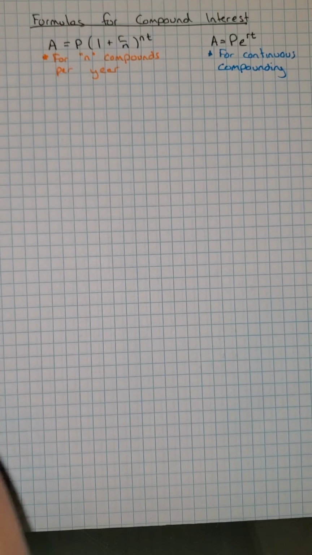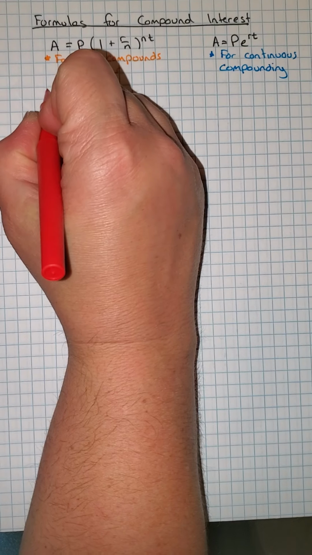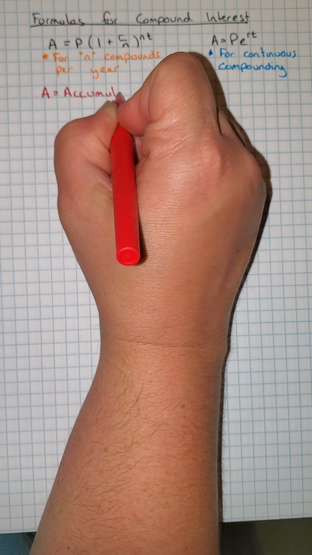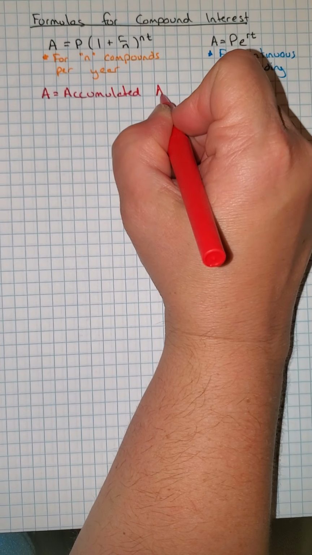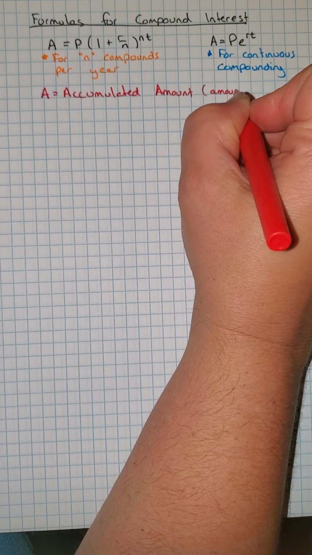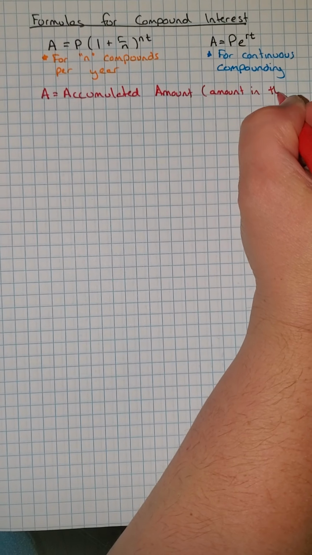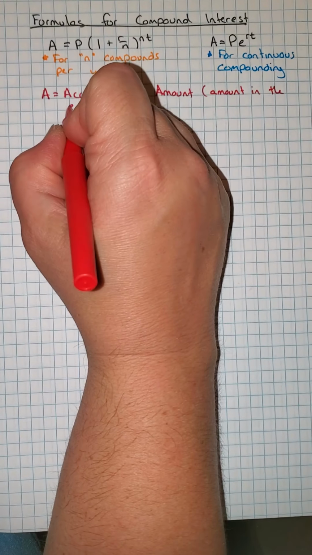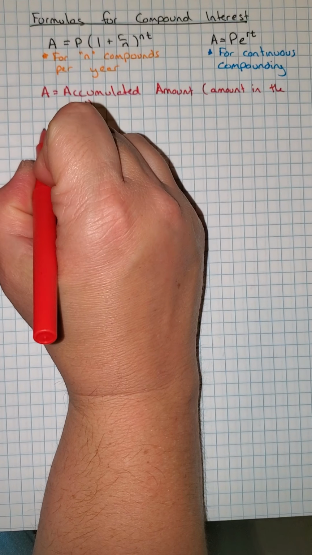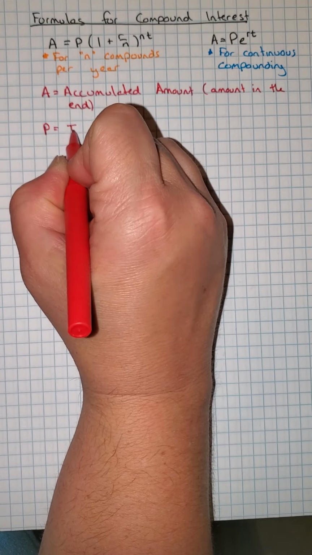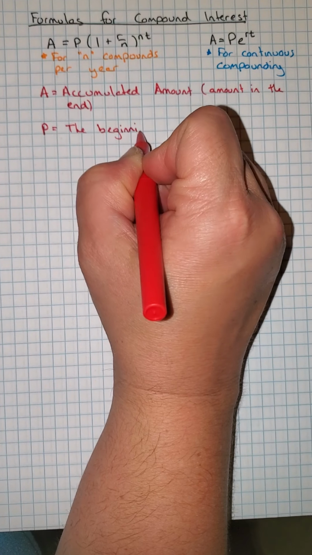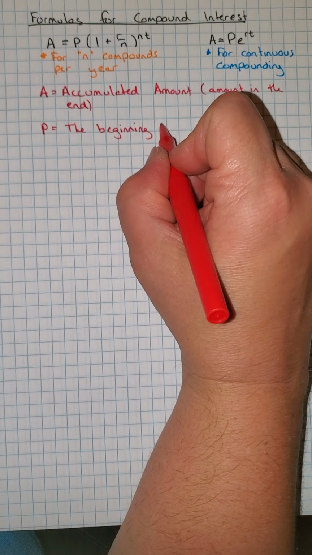All right, in both of these you have an A. A is the accumulated amount, or the amount in the end. Both of these have a P. P is the beginning principal, or the amount in the beginning.